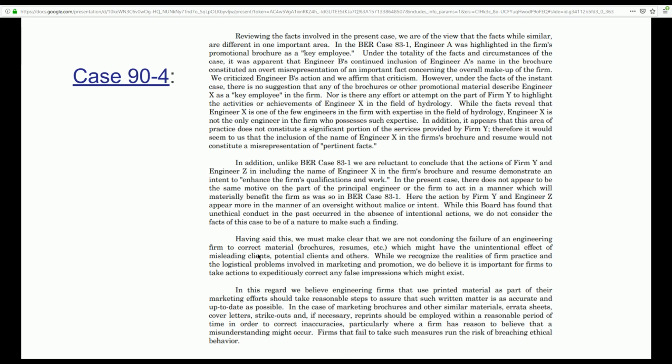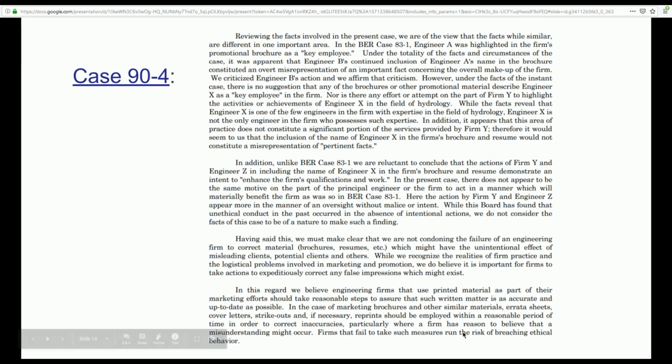Moreover, the Board of Ethical Review here says that, okay, so look, correcting materials, brochures, and so on is important, but it also takes time. It's not something you can do right away. If the engineer just put in their 2 weeks' notice, it might be unreasonable to expect, immediately thereafter, especially for such a relatively unimportant engineer, that all of this literature is revised.